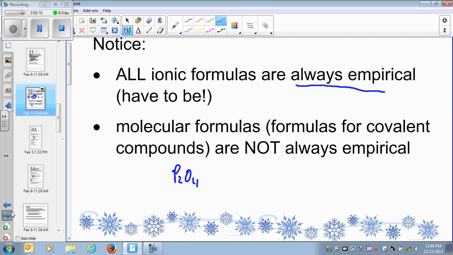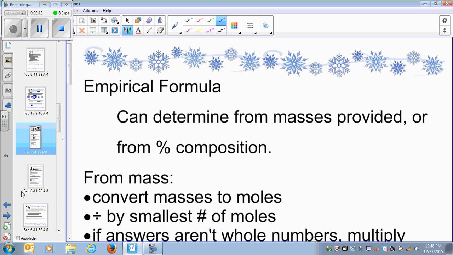So you have to remember that empirical formula is the simplest formula, and molecular formula is the actual whole number ratio. If the question gives you the molecular formula, all you're doing is simplifying it to get the empirical formula.